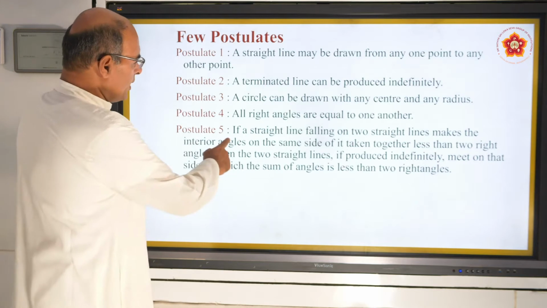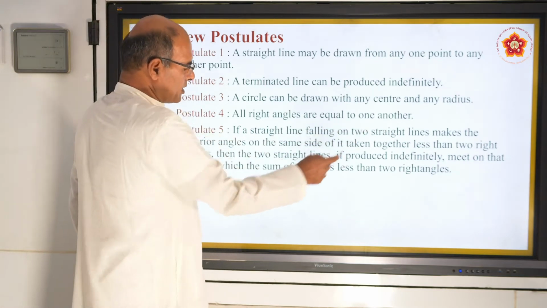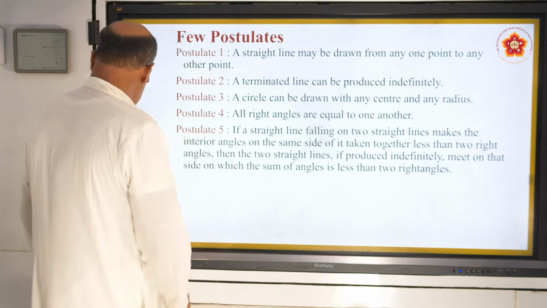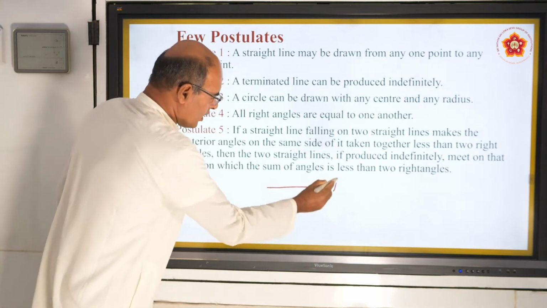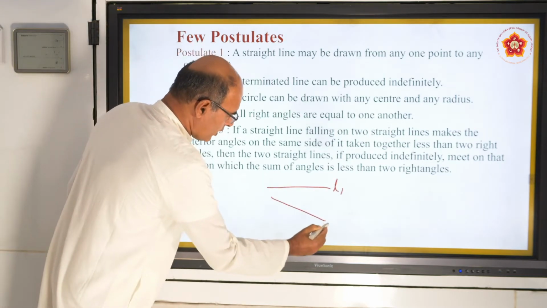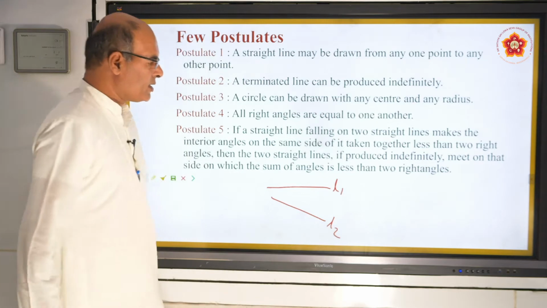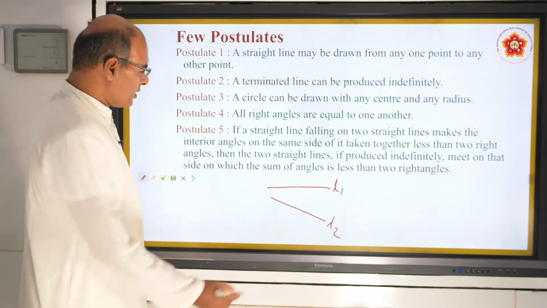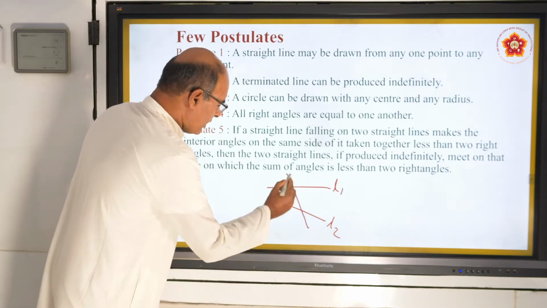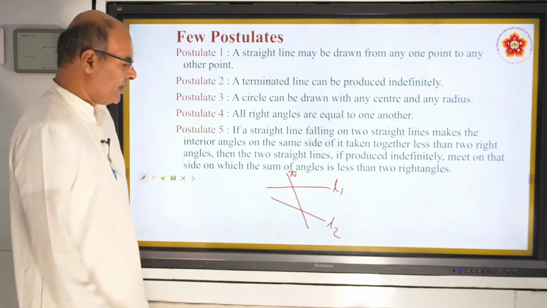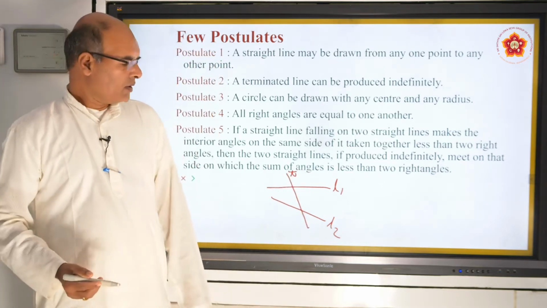Consider two straight lines, let L1 and L2 be the two straight lines. A line falls on them. Let line T, actually a transversal, fall on them.